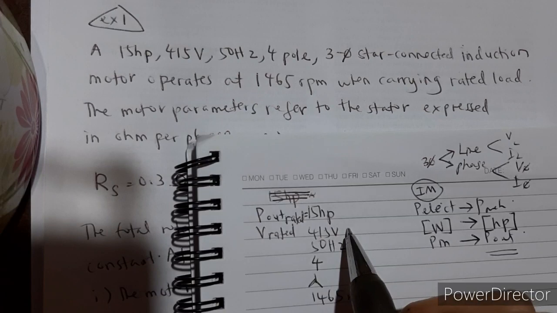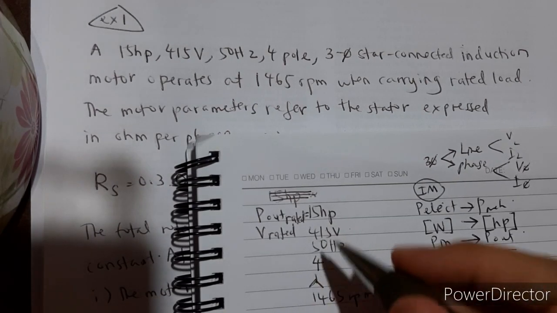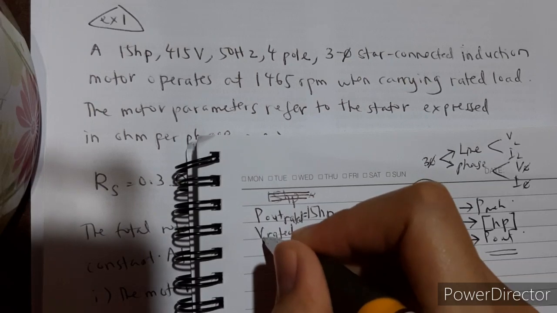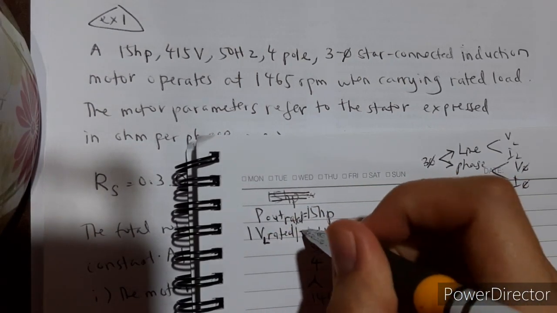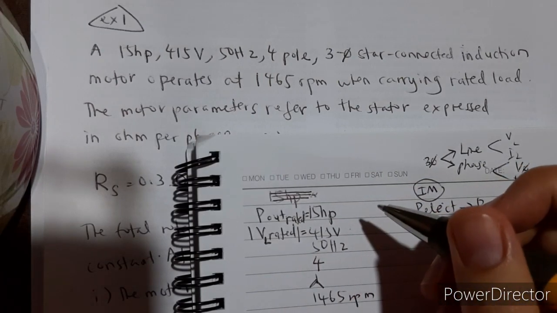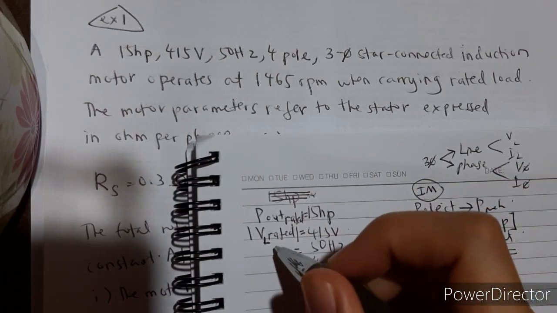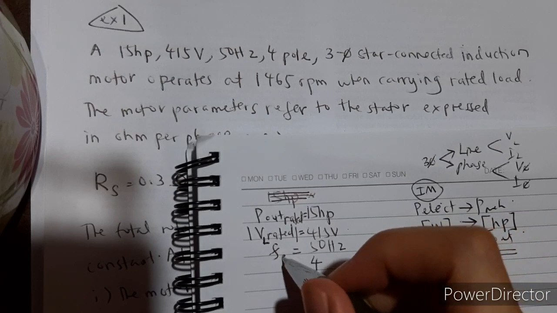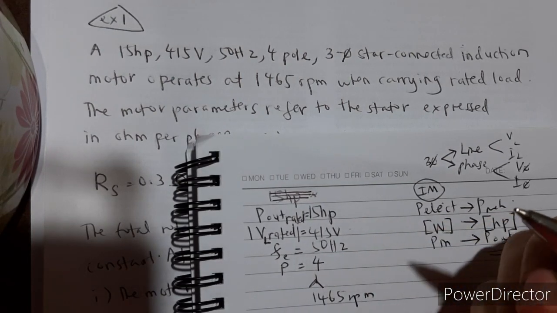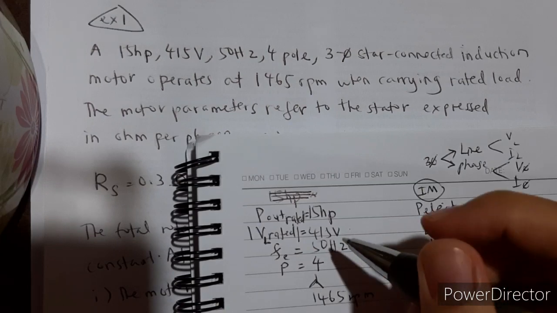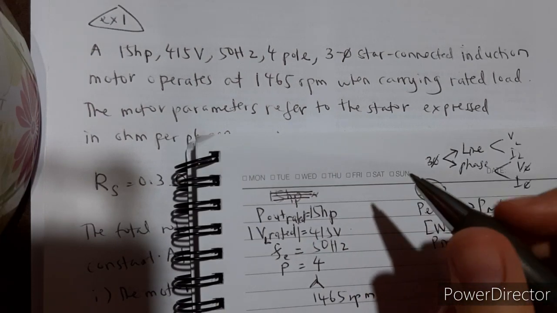If it's not stated whether it's V line or V phase, then that is your V line rated, only the magnitude because the angle is not given. 50 Hz is the electrical frequency. 4 pole, so the number of poles P is 4, and it's star connected.